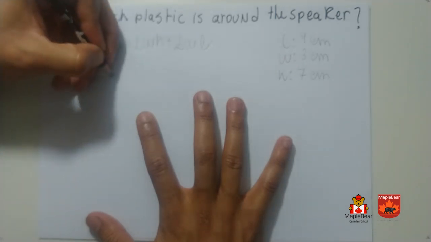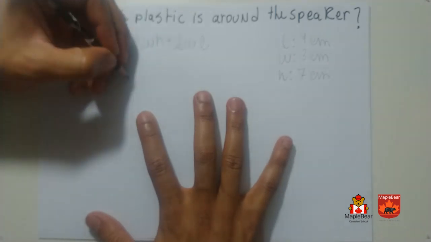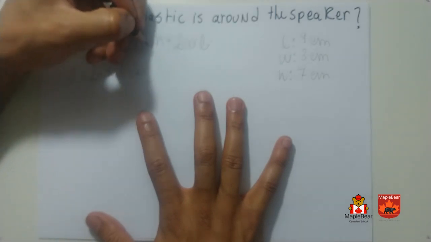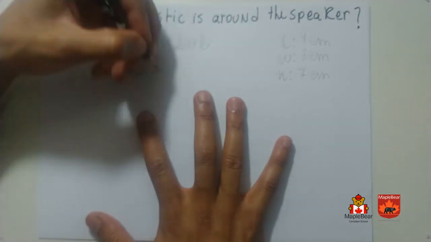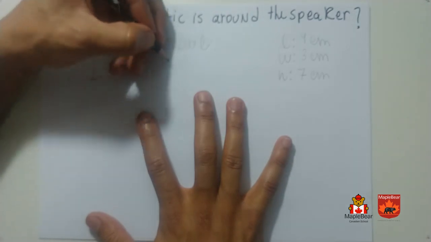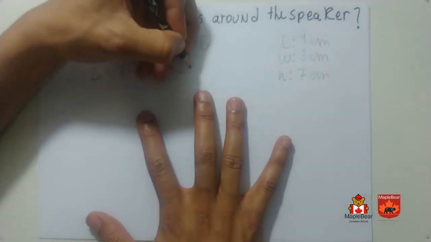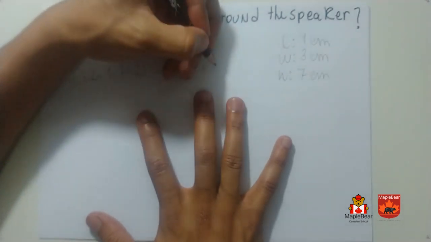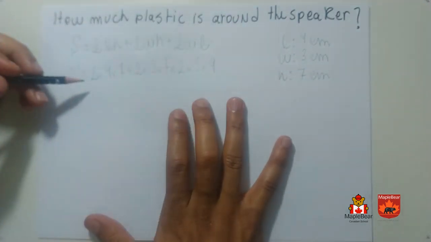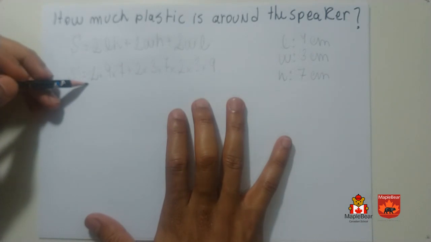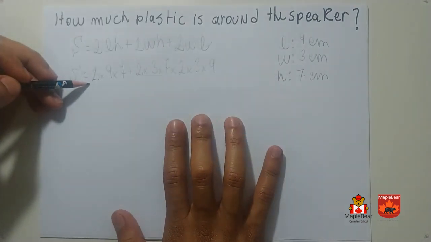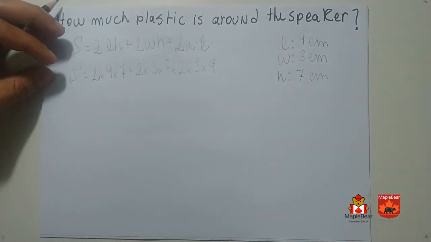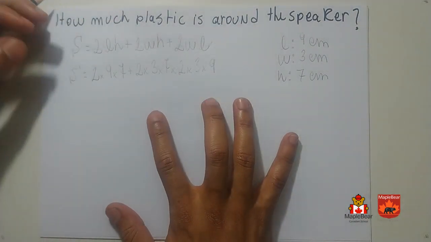So 2 times length, 9, times height, 7, plus 2 times width, 3, times height, 7, plus 2 times width, 3, times length, 9. This is an expression, and we know how to solve expressions. You just solve it the way you usually do, respecting the order of operations.